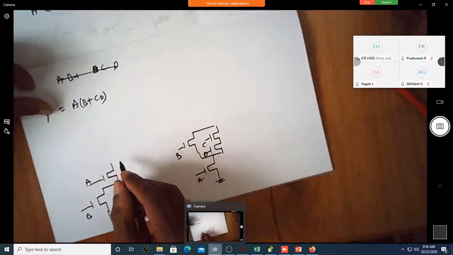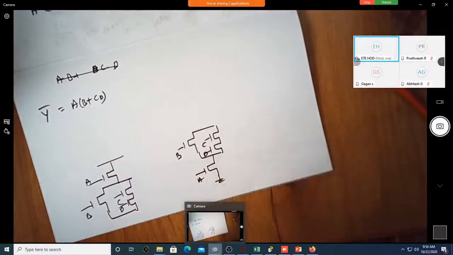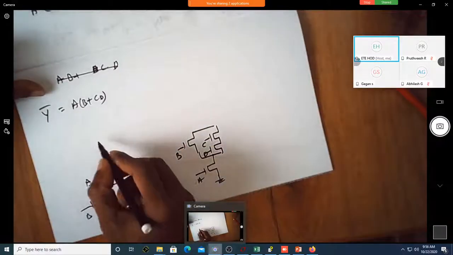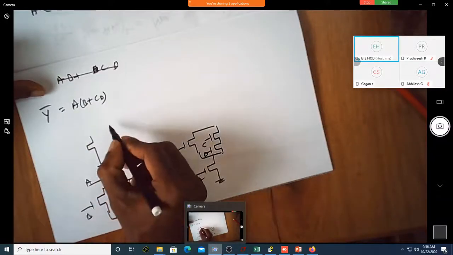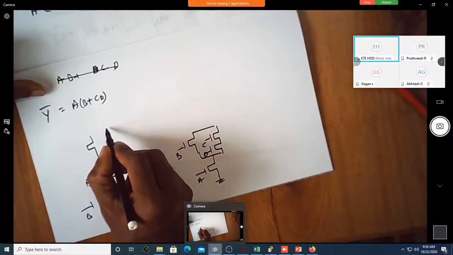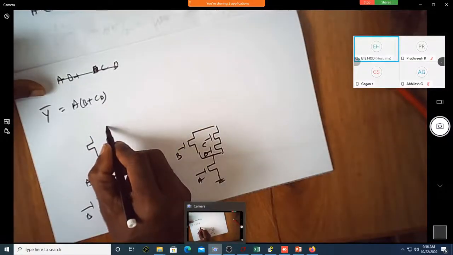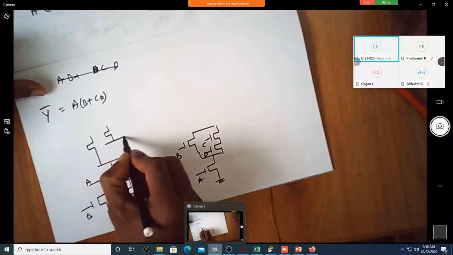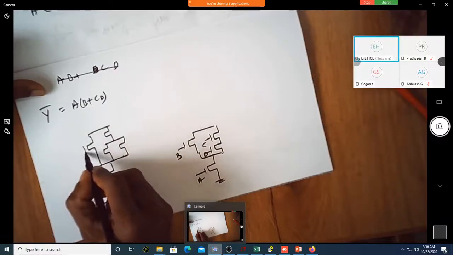I'm just writing the pull down. Let me take the pull up. Pull up, how does it look like? Pull up is, okay, this is A, B, this will be these two. Now this is B and this is, am I correct?